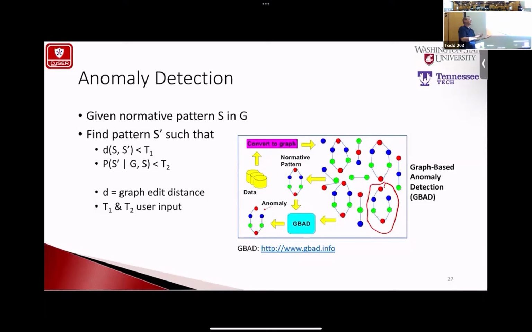This is actually fairly normal behavior. We see a lot of these cyclic patterns, and a lot of cases where it's missing one of the edges. So we compute the probability as the number of times we see this divided by the size of the graph, or the total number of instances, and make sure that probability is low enough. So this is saying it's close to a normative pattern, but it's still unexpected. Those are our two definitions of what an anomaly is.